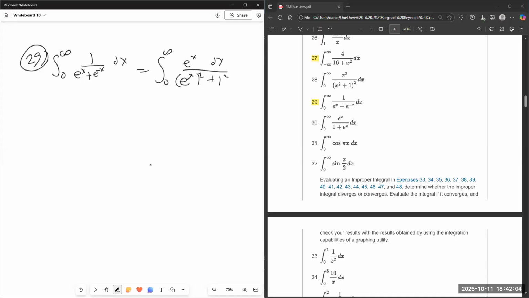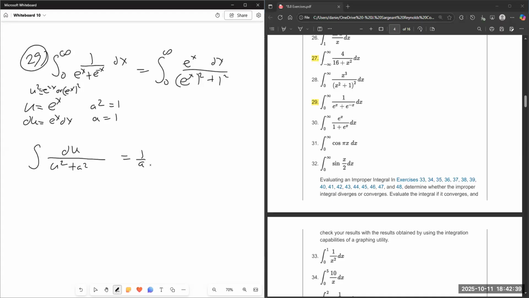So I have a u of e to the x, a du of e to the x dx, an a squared of 1, an a of 1, and a u squared of e to the 2x or e to the x squared.